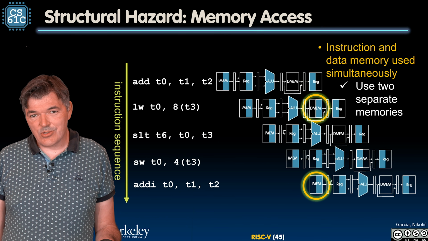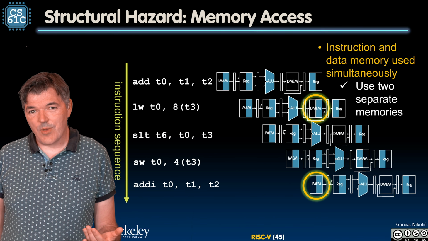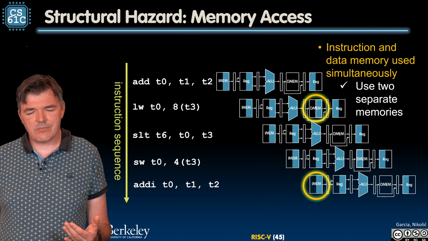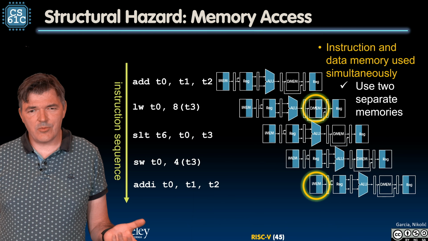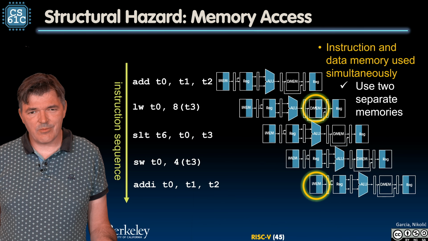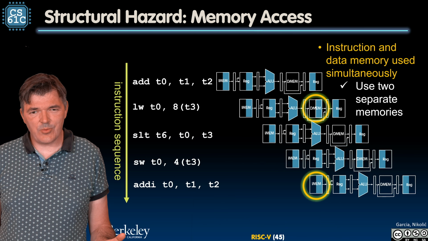So a solution to this is to have 2 memories. But then you contradict yourself, or then don't we have just one memory? And what's the story about 2 memories?